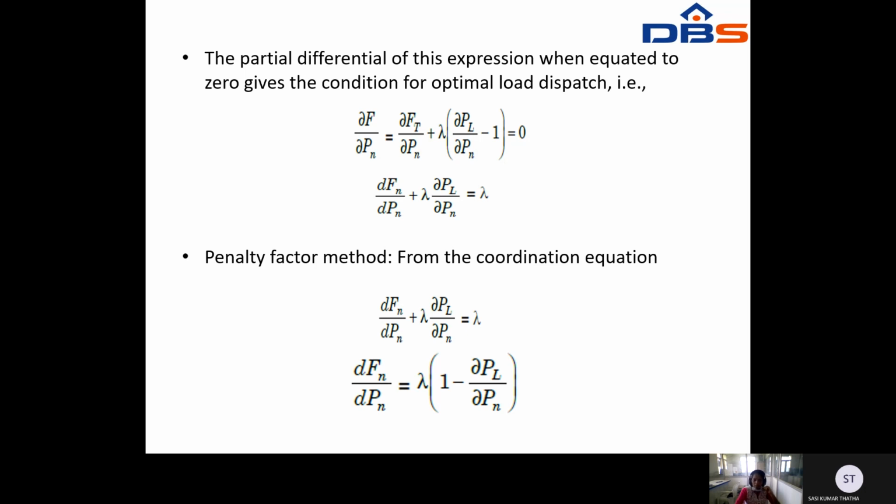So dou Fn by dou Pn plus lambda into dou PL by dou Pn equals lambda.